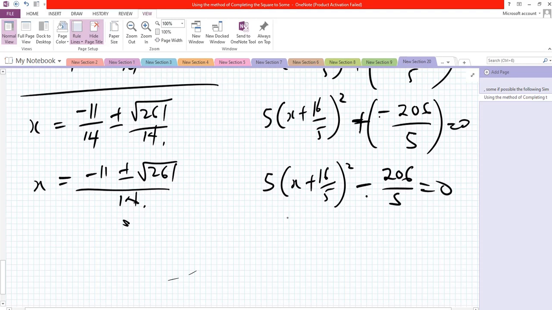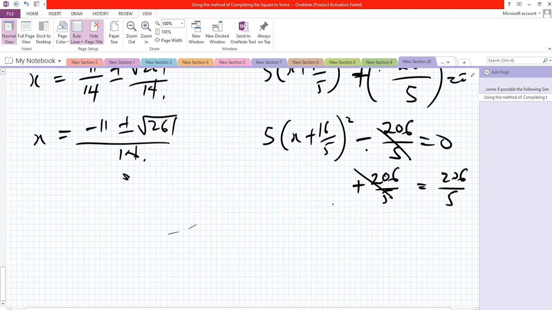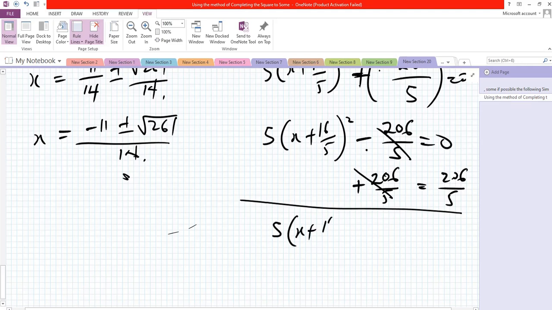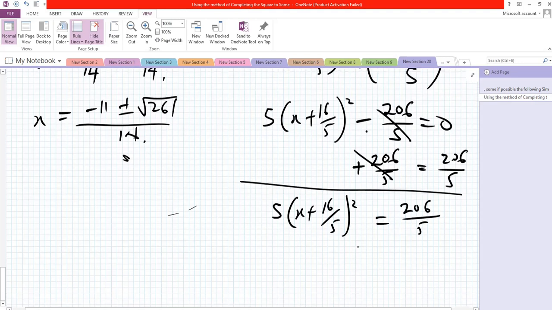Now adding plus 206 all over 5 to both sides, this will cancel out this. You are left with 5 x plus 16 all over 5 all squared equal to 206 all over 5.